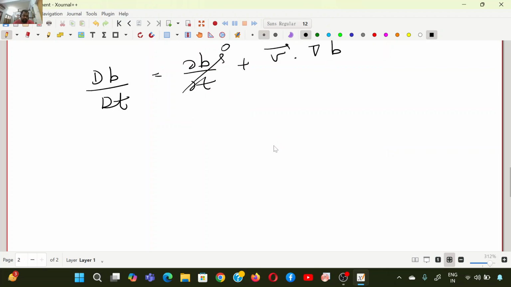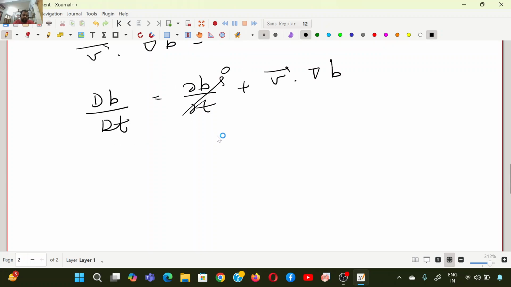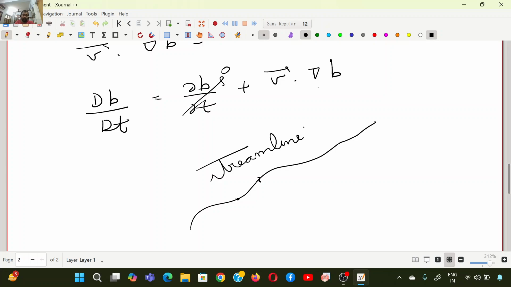So the substantial derivative dB by dt is equal to V dot del B. It basically means that, say this is a streamline, along this streamline delta B is equal to 0, or B is equal to constant.